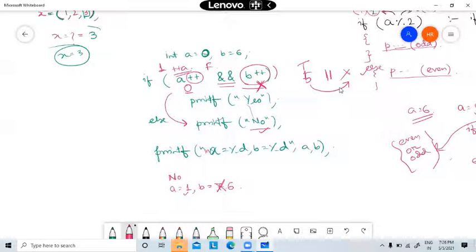Then the compiler must execute or check the next one, because from this one it is not decided whether the output will be true or false. But if the first one is 0, then definitely the output is 0. That's why it is skipping the next one. Same for the OR gate: if the first one is non-zero, it will skip the next one.